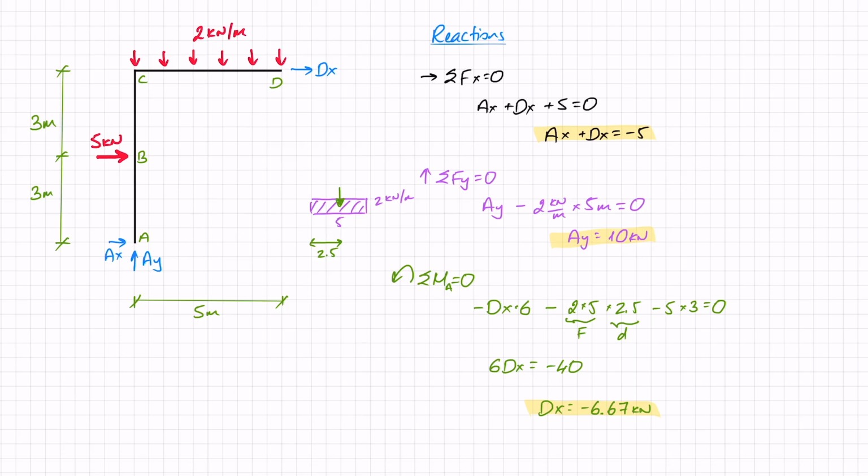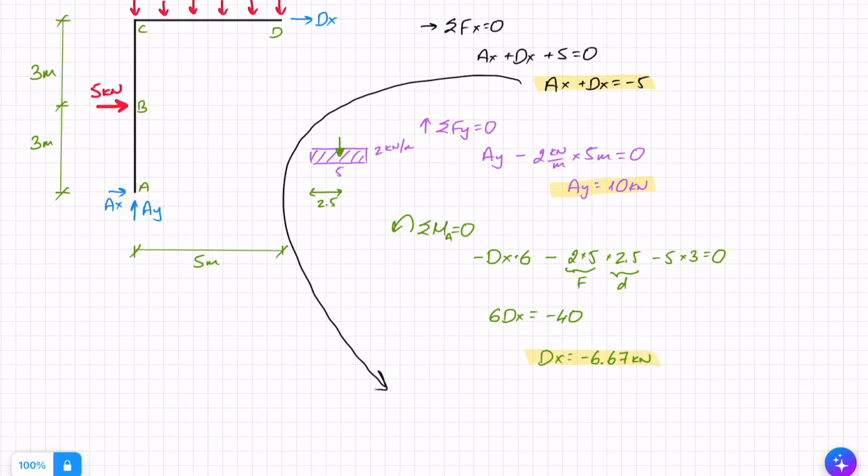Now I can finally go back into this first equation and find what AX is. AX is going to be minus 5 minus DX, that is minus 5 minus minus 6.67, and if I solve that, I will get plus 1.67 kilonewtons, and that is AX.